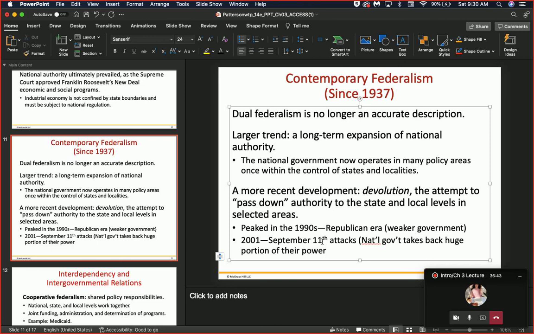Okay? So we really saw this through the Patriot Act, okay, which gave the national government a huge amount of power. Okay, why do I say that? People's rights were taken away in this Patriot Act. If you were a suspected terrorist, you could be held indefinitely without trial. Okay, that's a huge infringement on people's rights, right?